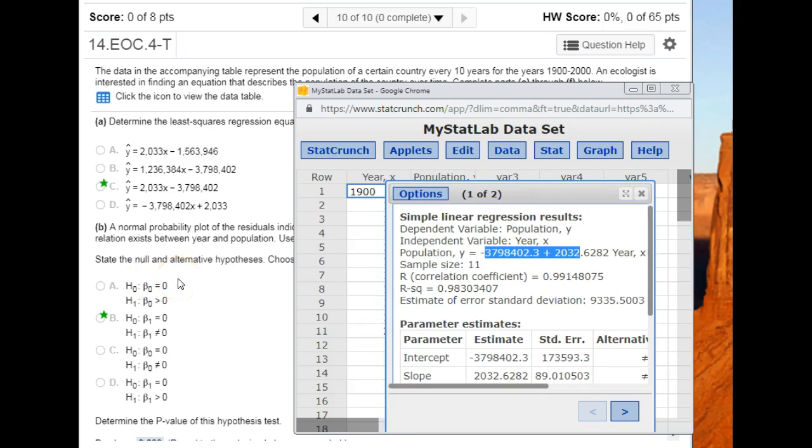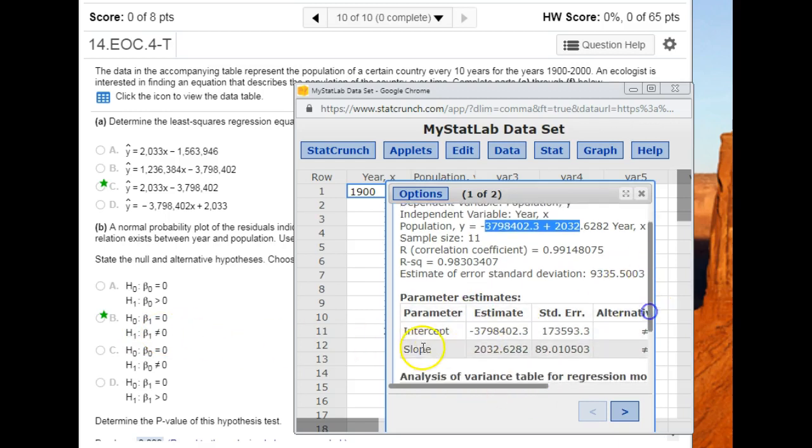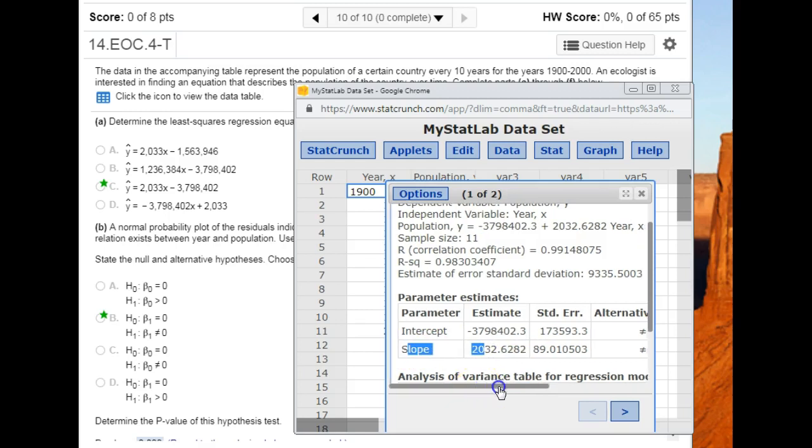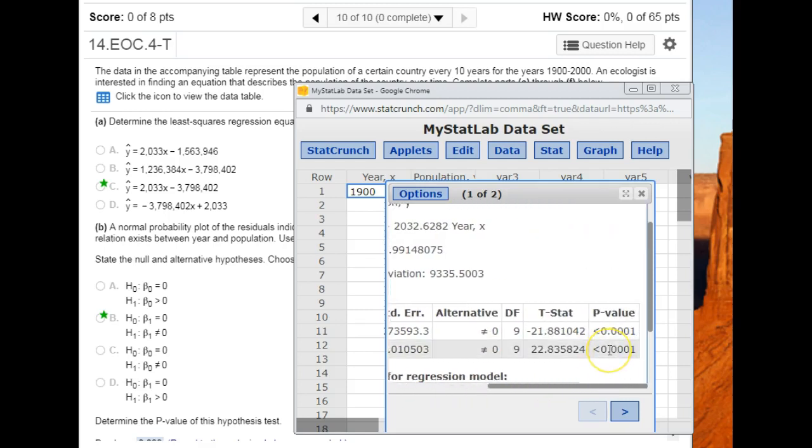And then to test the slope here to see if it's a good idea to use the least squares regression, our hypothesis test is always that the slope will be 0, and the alternative is that the slope is not equal to 0. To find the p-value of that, you go to the slope here in the chart and scroll over and it shows you the p-value.